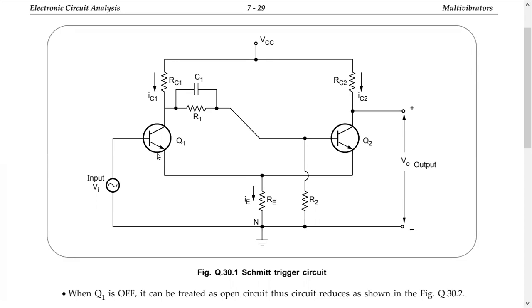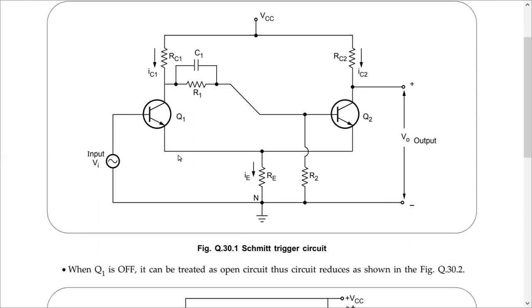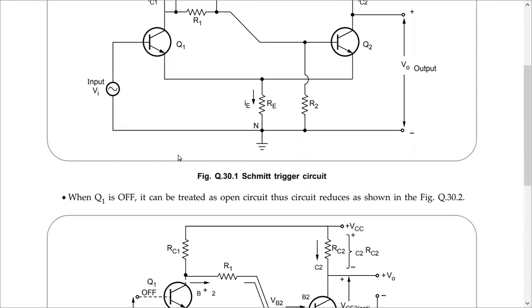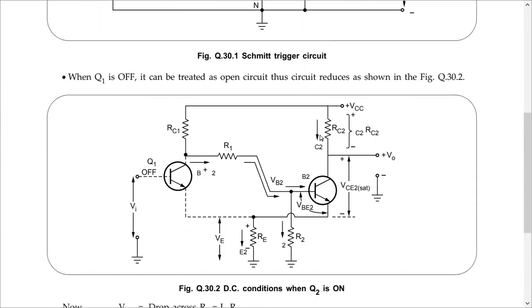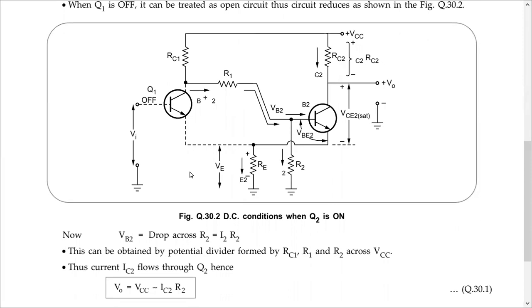So the default states of the transistors are Q2 on and Q1 off.